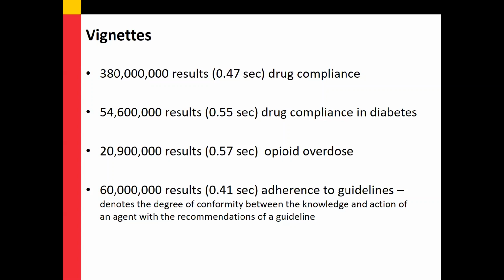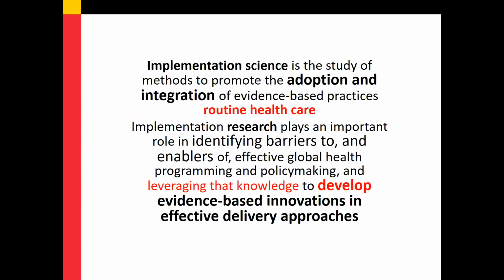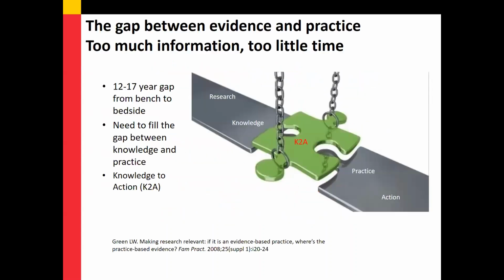We still are not able to implement it in clinical practice or in the public health prevention networks that we have. So what is implementation science and why do we care about it? It is the study of methods to adopt and integrate evidence-based practices, but also develop them into approaches that can feed back into our practices and what we do every day.